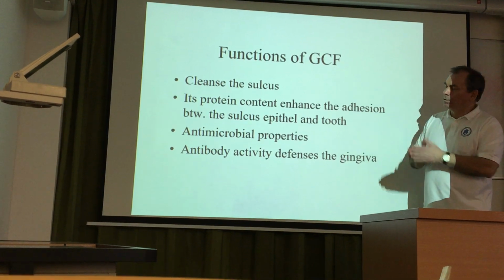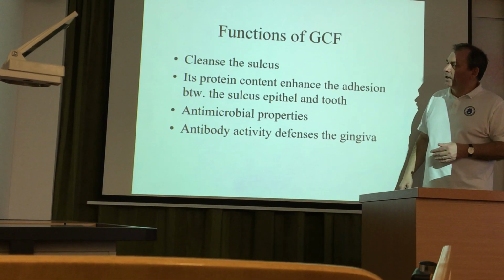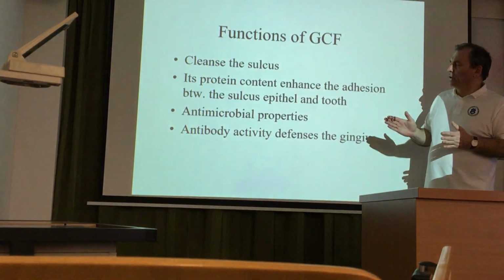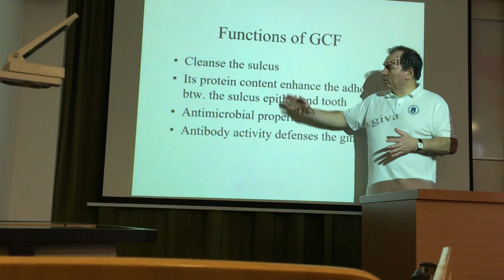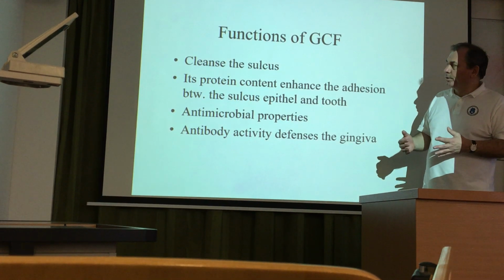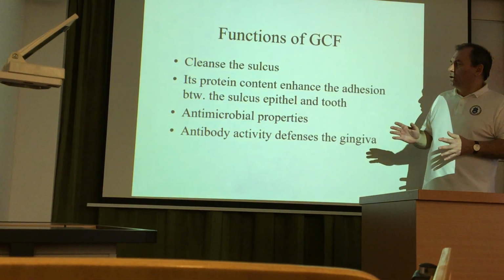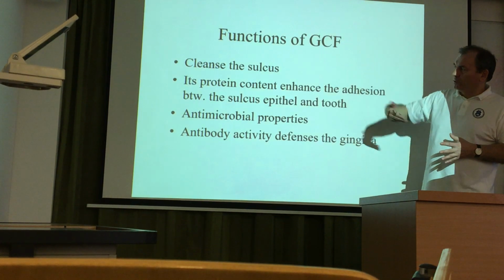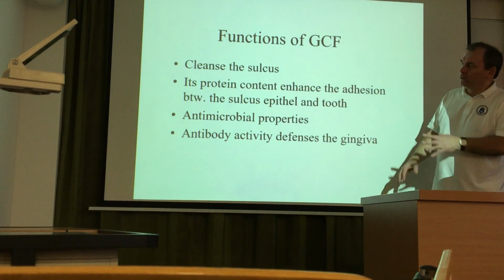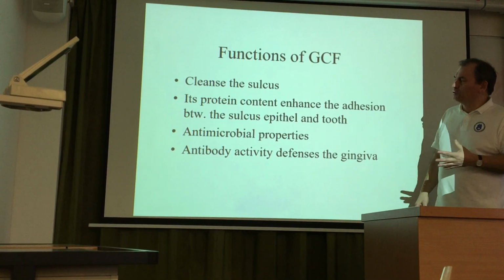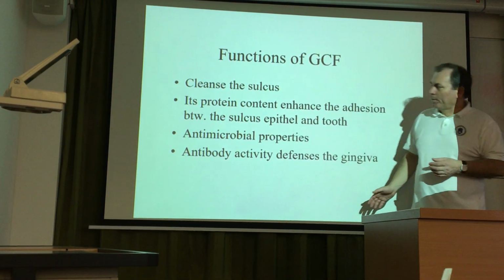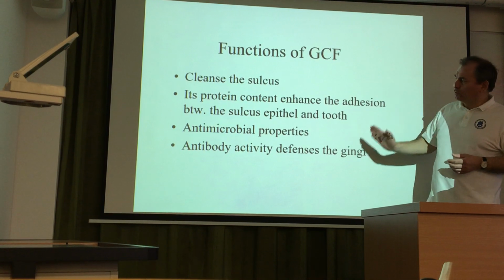When the gingival integrity is normal, the gap is closed between the tooth and the sulcular epithelium, and when a real gap is formed, so the attachment is loose between the gingiva and tooth, the periodontitis is accelerating, and there is more chance for tissue destruction when you have a loose connection between the epithelium and the tooth surface.